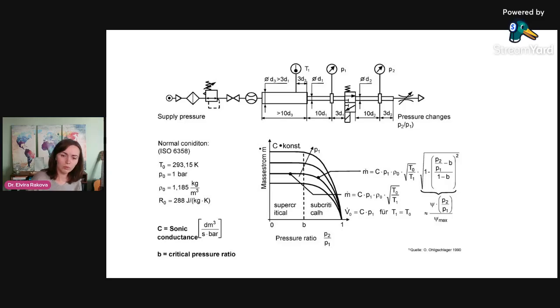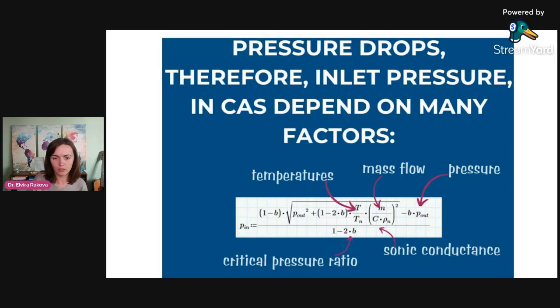And depending on where we are, we can already calculate in different ways. So this is the super important thing.